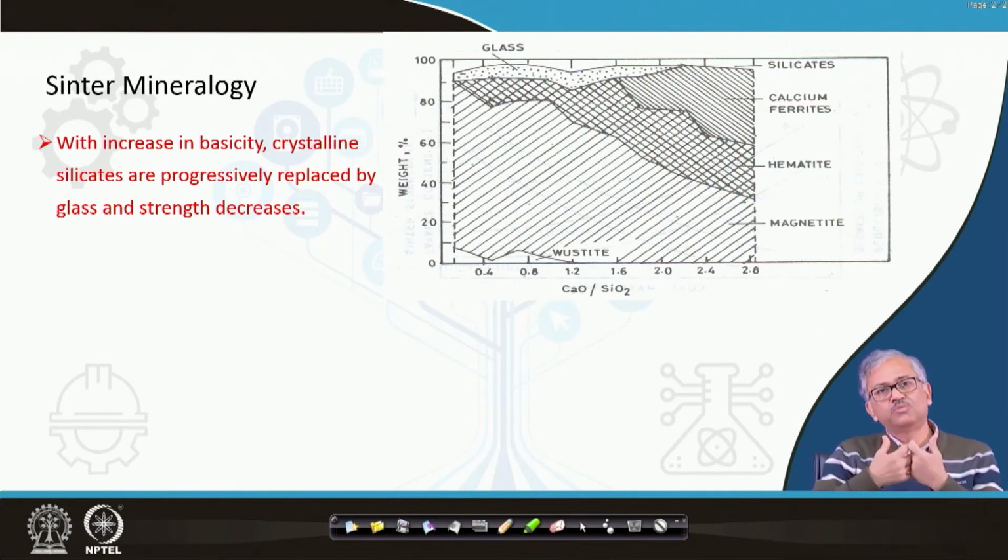And if you use more carbon, what happens? In that case, hematite gets converted to magnetite and partially to wustite also. And then the starting material doesn't remain hematite, because as you will see, hematite is better reducible than magnetite in the blast furnace.